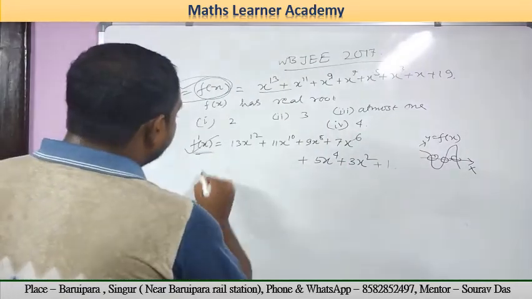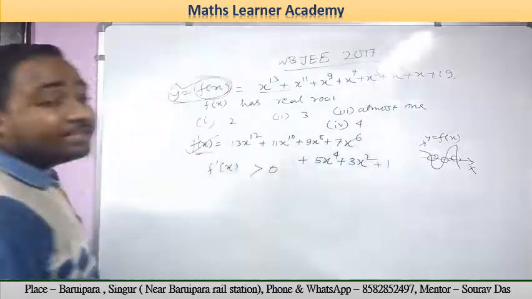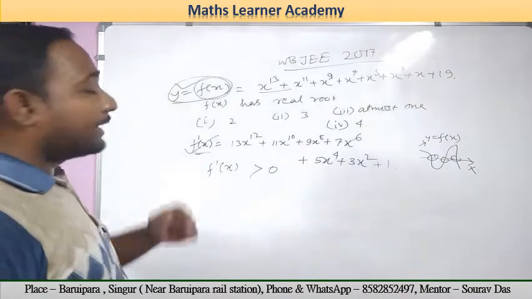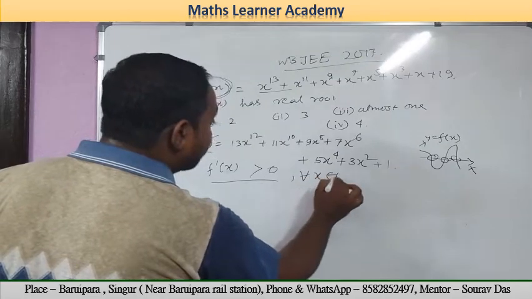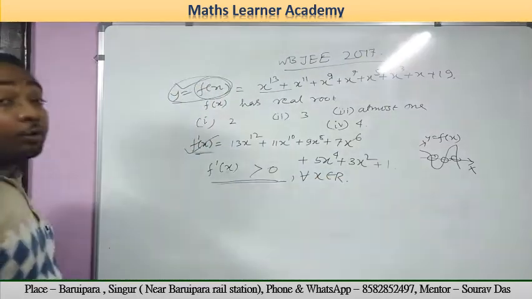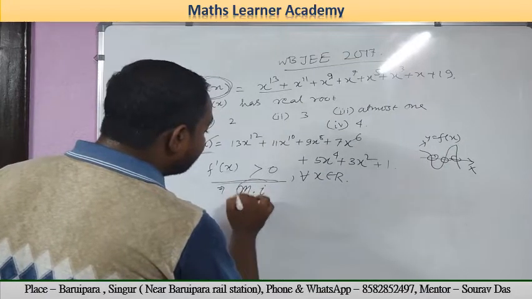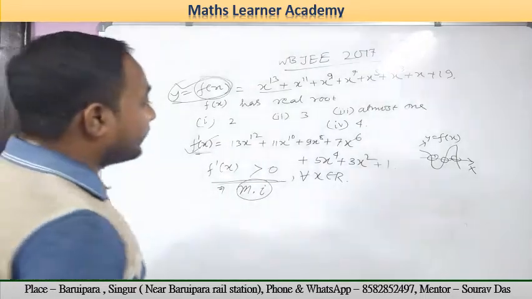Now look at this derived function f prime x. This function always gives a value greater than 0. And we all know that if for a function f of x, f prime is greater than 0 for all values of x, then the function is monotonically increasing. Therefore this is a monotonically increasing function, right?